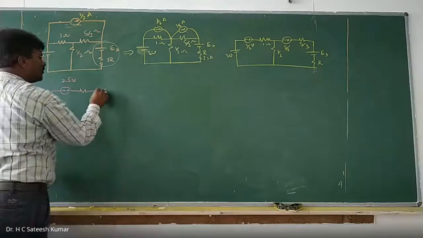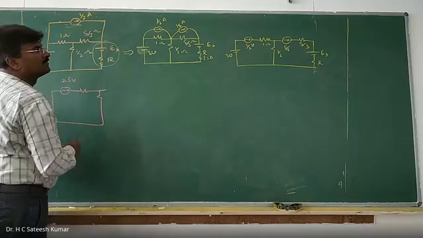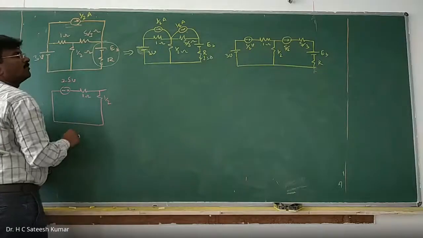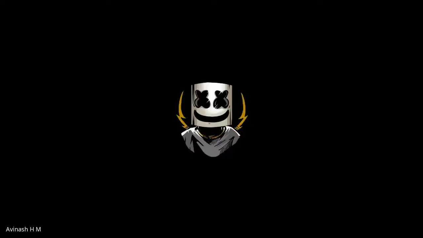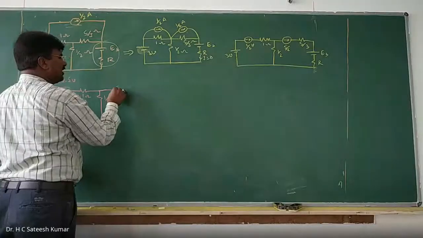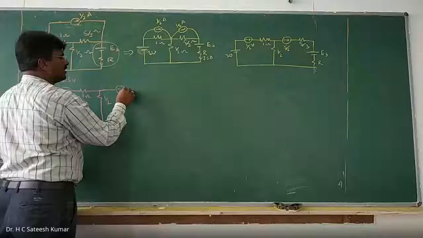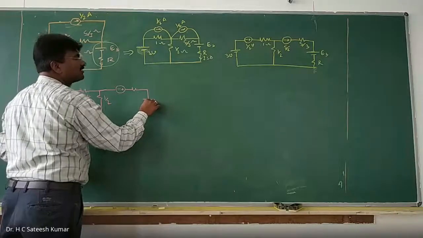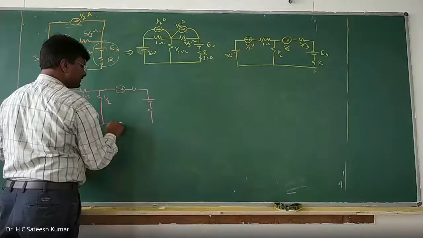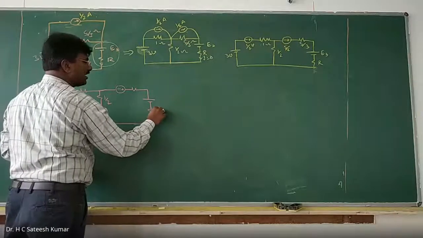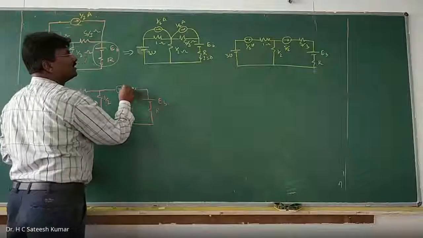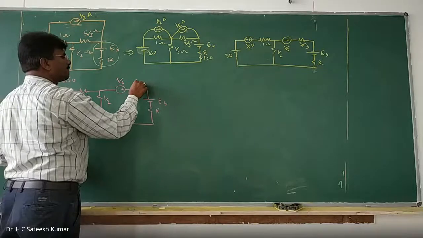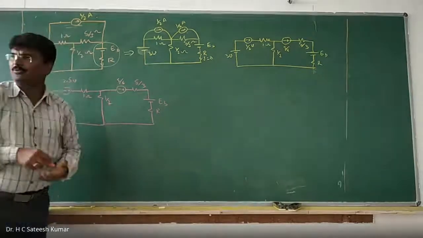One resistance half ohm and this resistance 1 ohm, minus plus, and the resistance we keep as it is. The voltage source we keep as it is. One more resistance. This is R, this is EB, this is 5 by 6, and this is 5 by 3. Or 5 by 6 or 0.8 you can use.